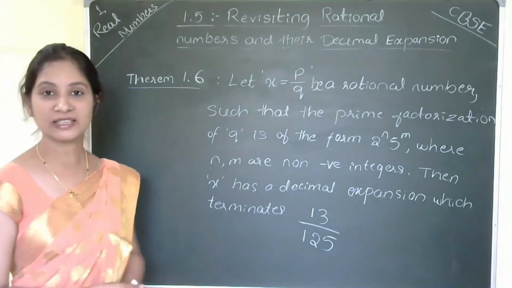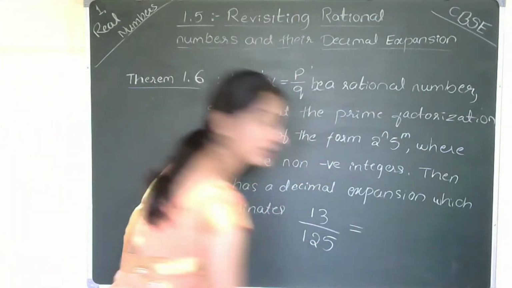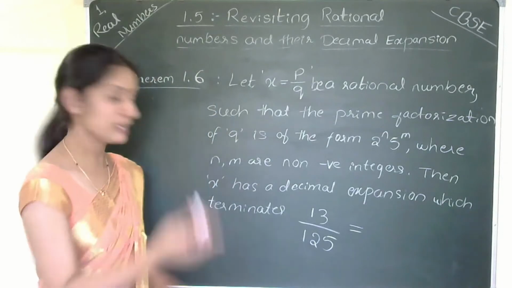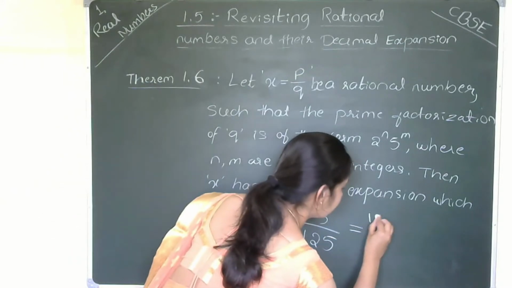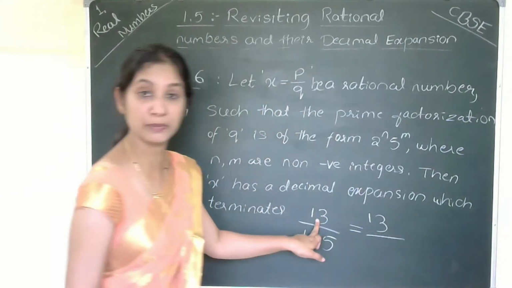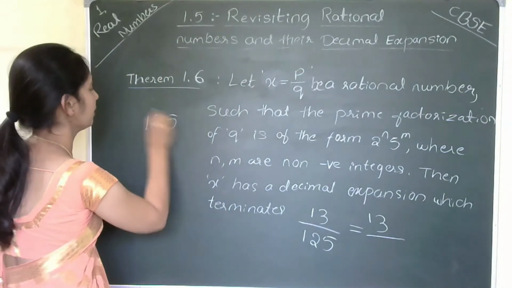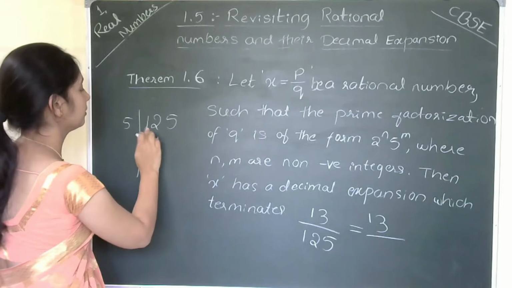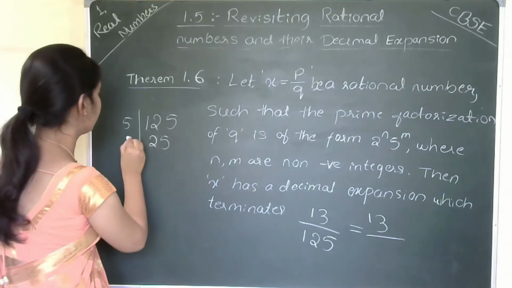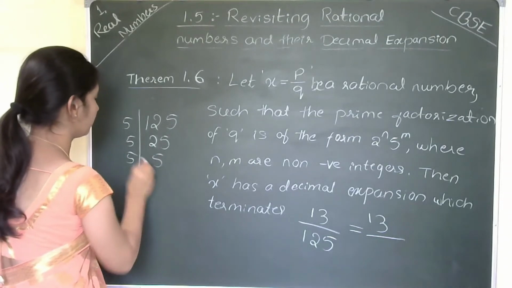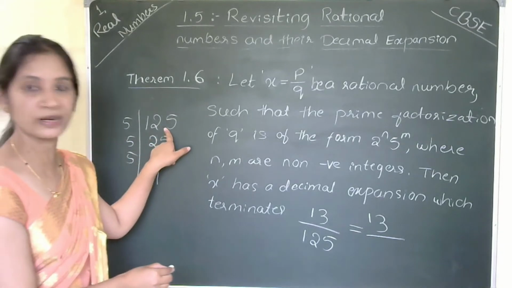How will you convert this? Yes, so we need to go for multiplying something else to this. First we will find the prime factorization: 13 is a prime number, and for 125 we can do like this. 5 ones are 5, 5 twos are 10, 25, 5 fives are 25, 5 ones are 5. That means 5 cube is the prime factorization for 125.